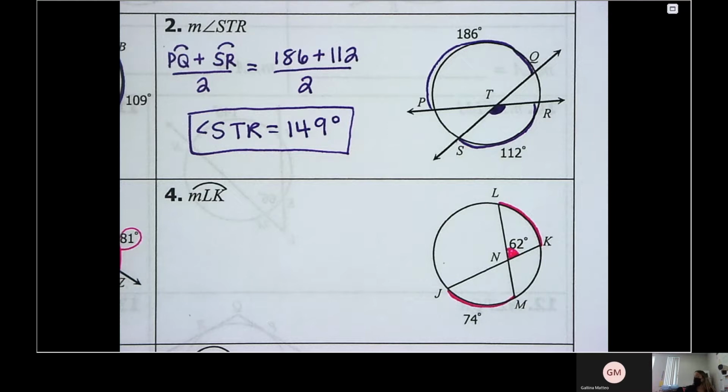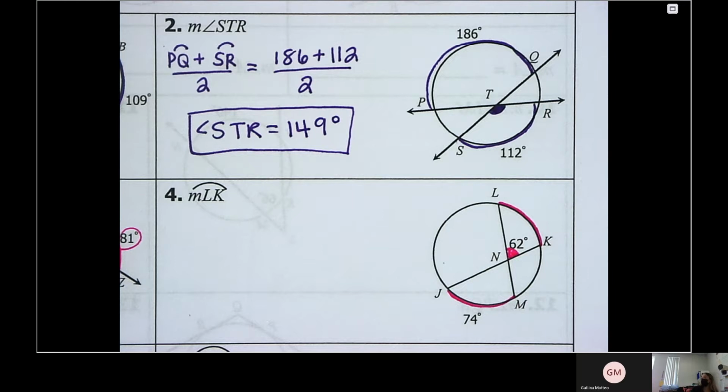I could subtract from 360, but then I still have a problem because I still have all 3 of these pieces left and I don't know which number goes where. You're on the right track though. Apply the angle times 2 and then take away the 74 and get the other arc.